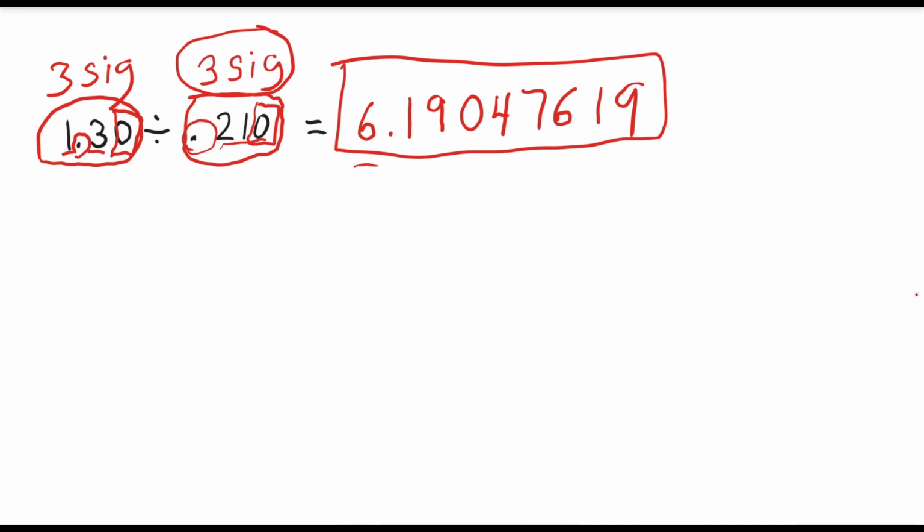So we have 1, 2, 3. And before we leave that as our final answer, we look at the number next to the 9. It's a 0, it's less than 5, so the 9 stays. So our final answer will be 6.19.